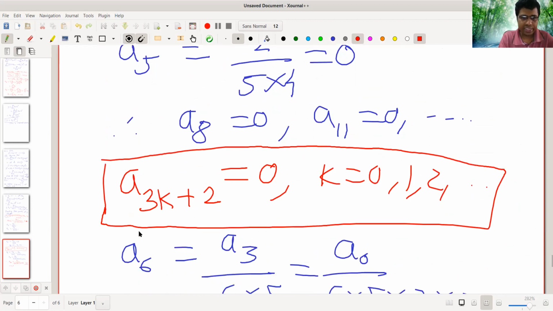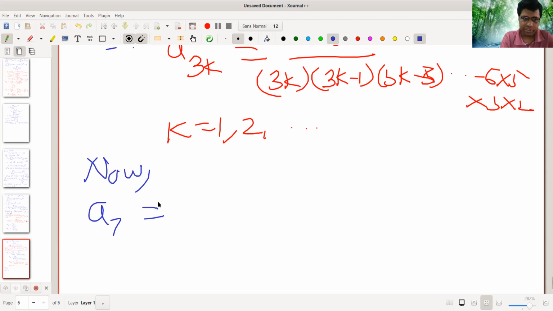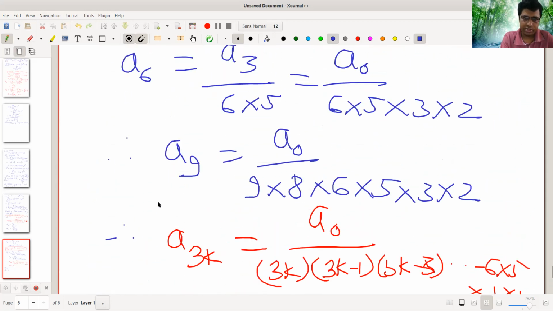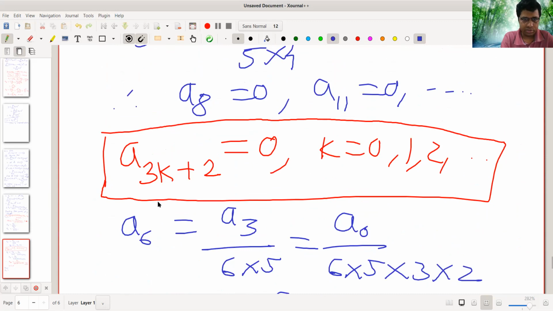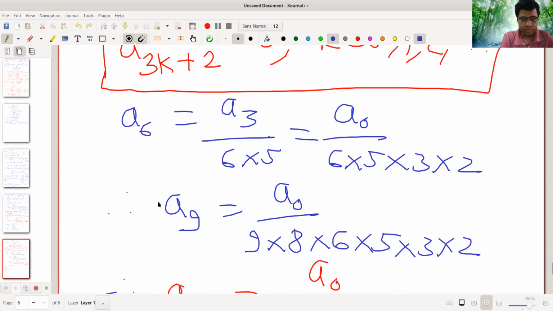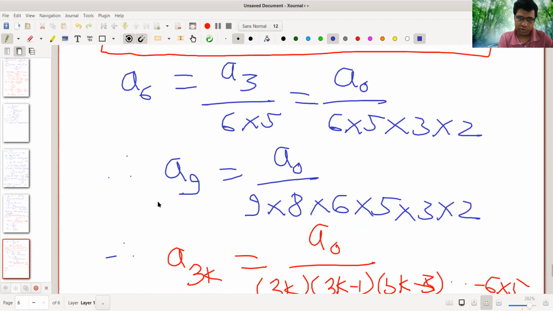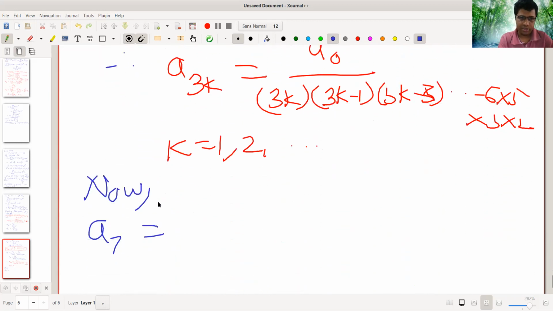Now the term is A7. A7 equals, 7 minus 3 is 4. So A7 is A4 divided by 7 into 6.